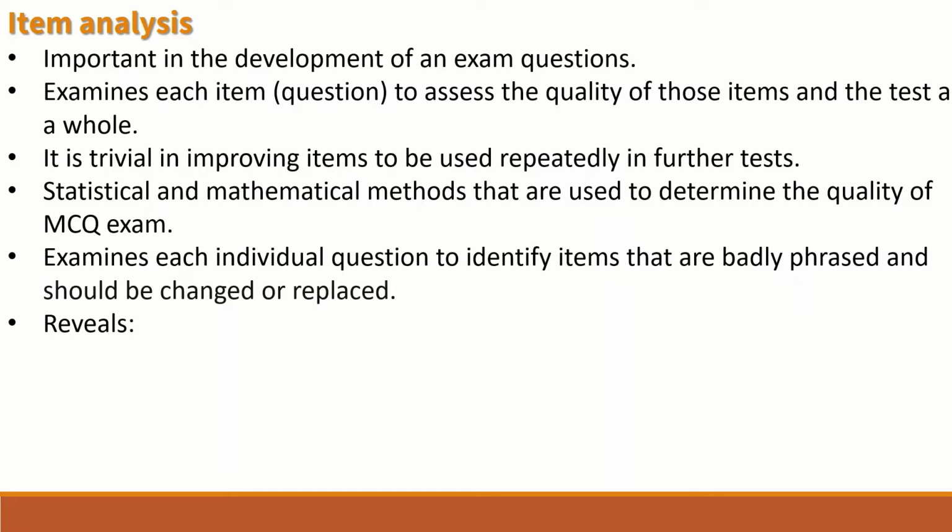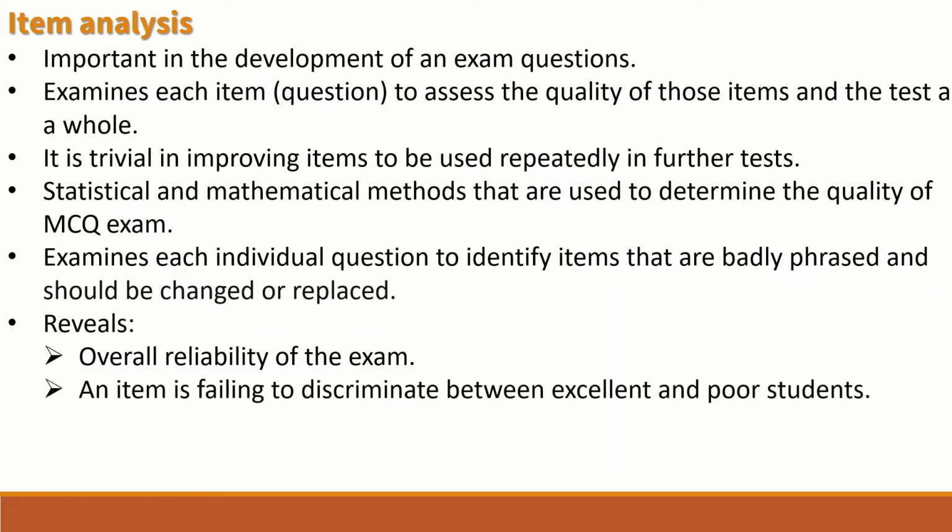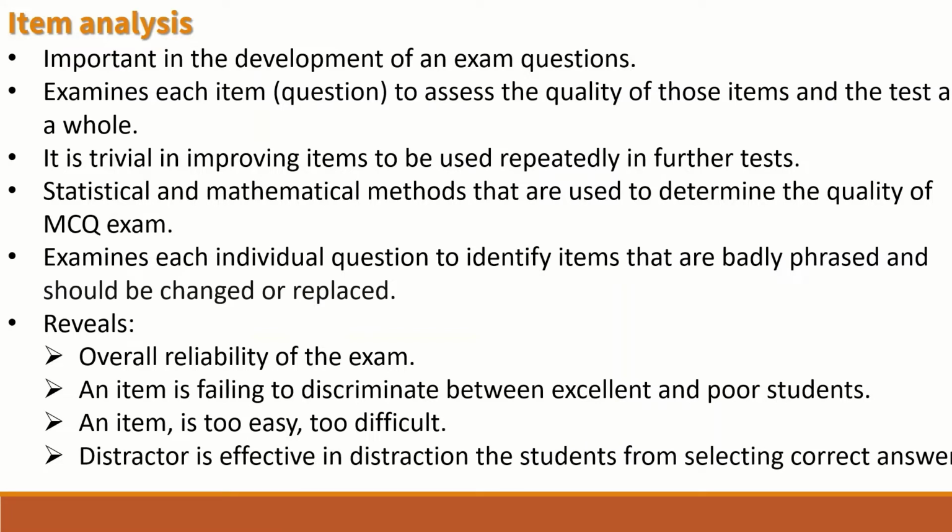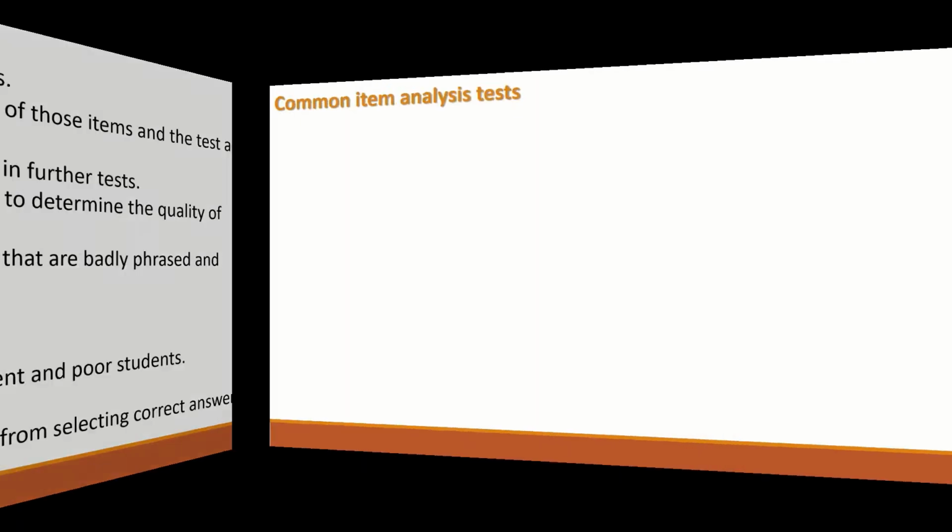So the item analysis reveals the overall reliability of the exam, whether an item is failing to discriminate between excellent and poor students, whether an item is too easy or too difficult, and whether the distractor is functional and effective in distracting the student from selecting the correct answer options.